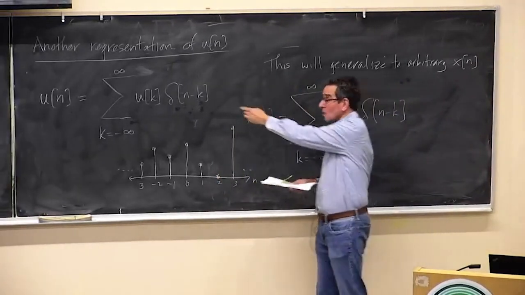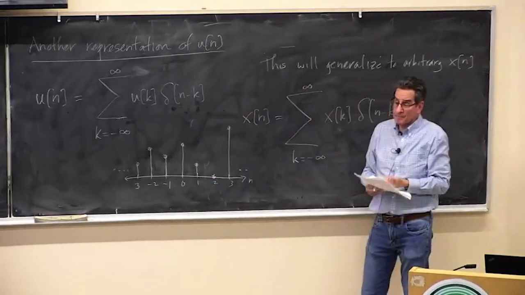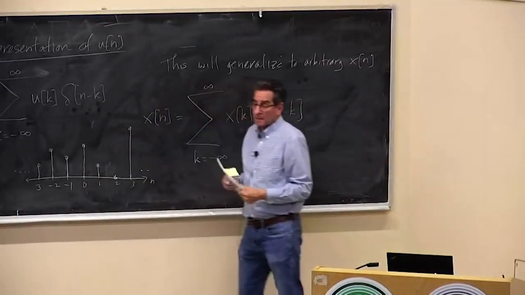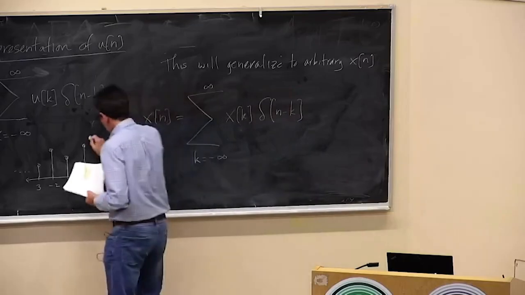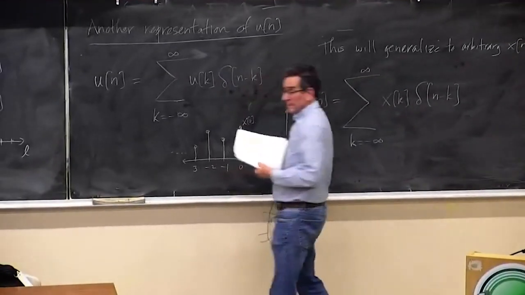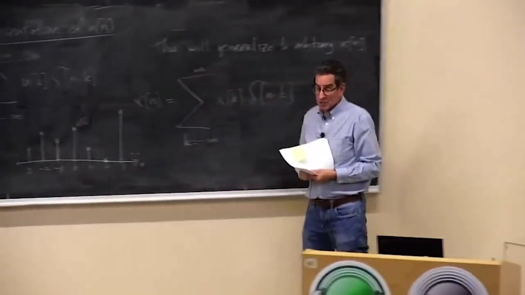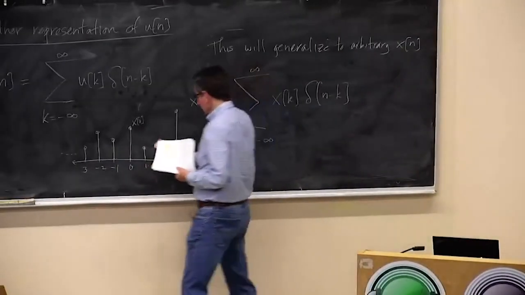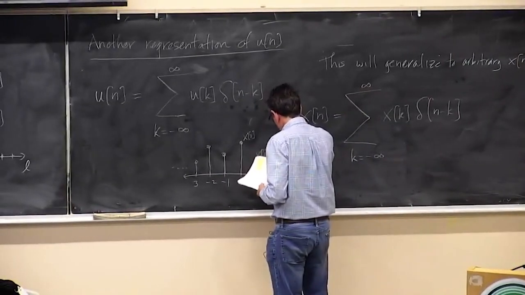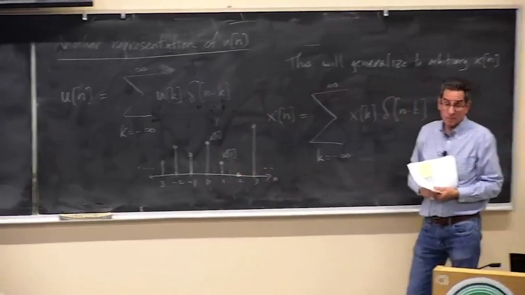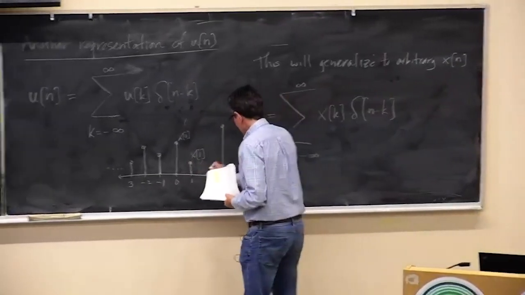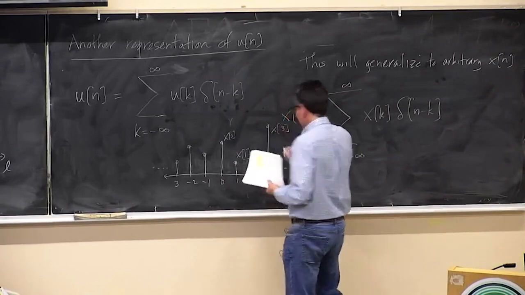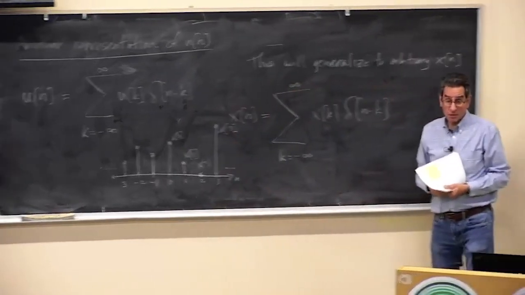That's really what this is all about. So when you want the stem that appears at time 0, you better give it a scale factor which is equal to the value of the signal at time 0. And when I throw in the stem at time 1, I want to scale that unit impulse so that its height is x of 1. So it's really just a matter of building the signal one stem at a time. That's how you can think of that.